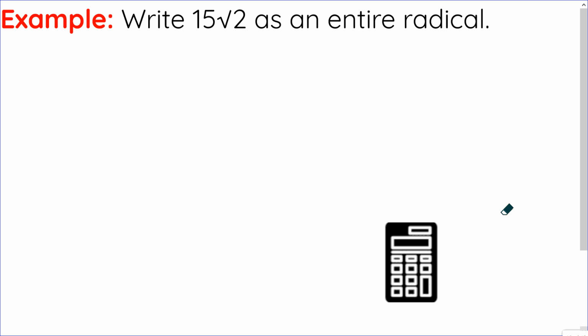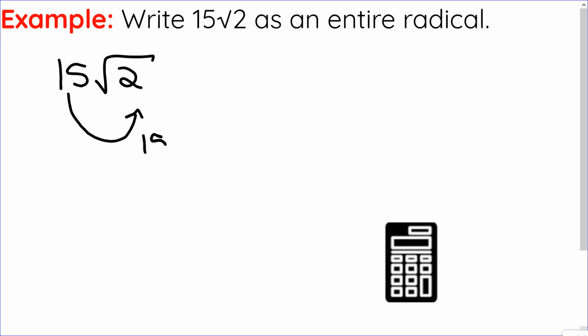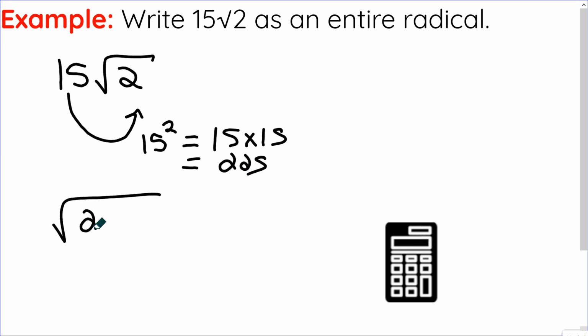So let's try 2 examples again. So I have 15 square root 2. I want to write that as an entire radical. So I know my index is 2. So to put it under there, I'm going to take my number on the outside and raise it to the power of the index, which is 15 squared. That just means 15 times 15, which is 225. So then I will take the 225 and multiply it by what's already under there, which is a 2.